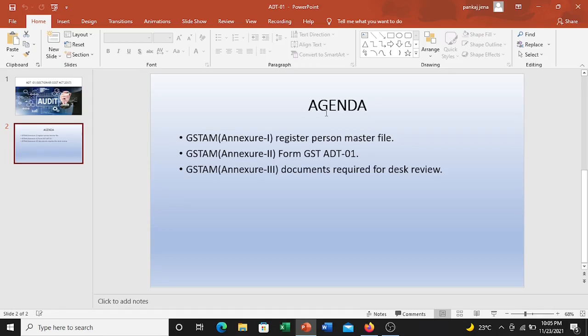It's not like income tax assessment, where it is conducted one year by one year, but here the commissioner has the right to do audit for various years at a time. And finally we'll see annexure 3, where some documents will be required from the assessee. So let's see annexures one by one and find out what they are.